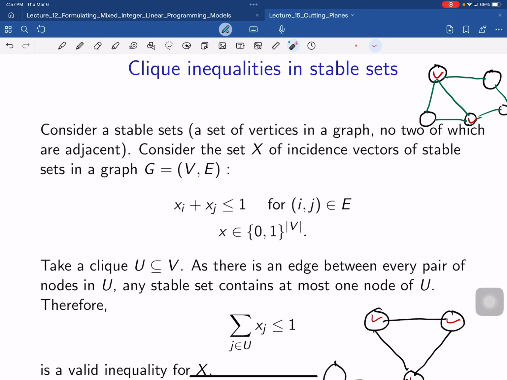Since for any nodes that are connected by an edge, only one of them should be in the stable set, because in a stable set, no two nodes can be connected. So that's why we have this inequality here, in order for the subset of nodes you pick to be a stable set.